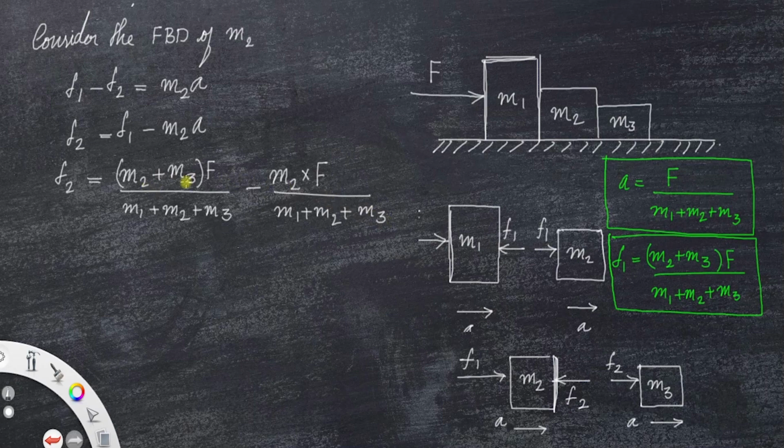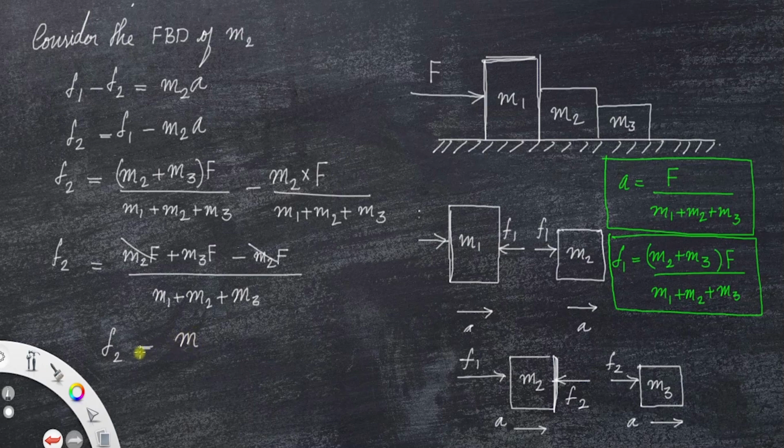Now if you look at this equation, the denominator remains the same, so you can write it like this: m1 plus m2 plus m3. Now you have to subtract the numerator, that is, we have m2f plus m3f minus m2f. This m2f will cancel each other, so F2 is equal to m3f divided by m1 plus m2 plus m3.